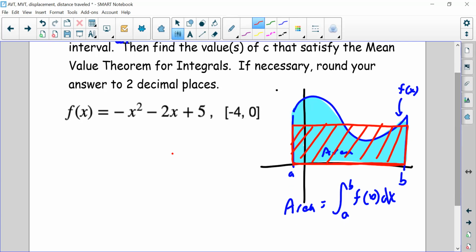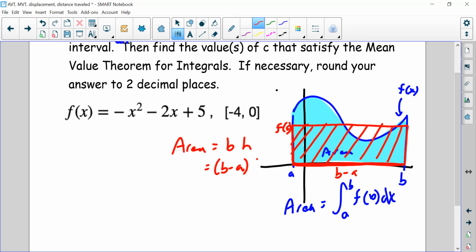And how do you find the area of a rectangle? Base times height, right? Our base is this distance, so B minus A is our base. And our height is going to be some y value here. We're going to call that f of c, because that's the c value we need to find.